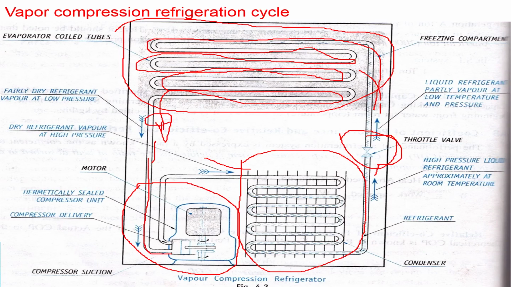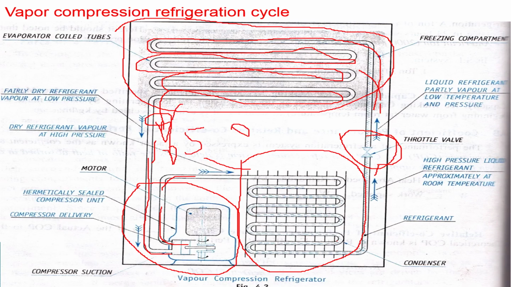Wherein it is compressed to higher pressure, thereby the temperature is raised above the atmospheric temperature, because this refrigerant is to reject the heat to the atmosphere. So for that, the temperature of the refrigerant should be above that of the atmosphere. Here the refrigerant after evaporating comes out at, say, 5 degree or 8 degree or 0 degree.